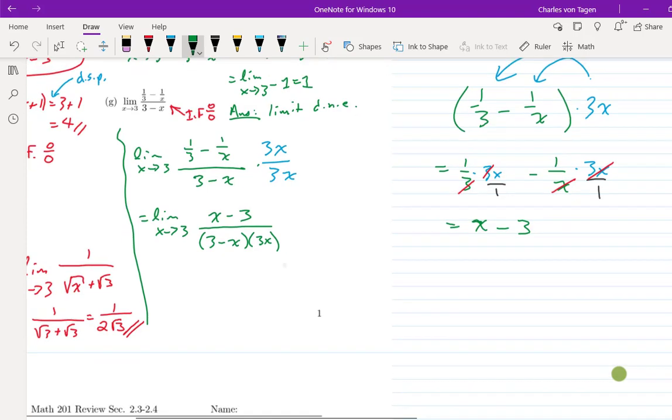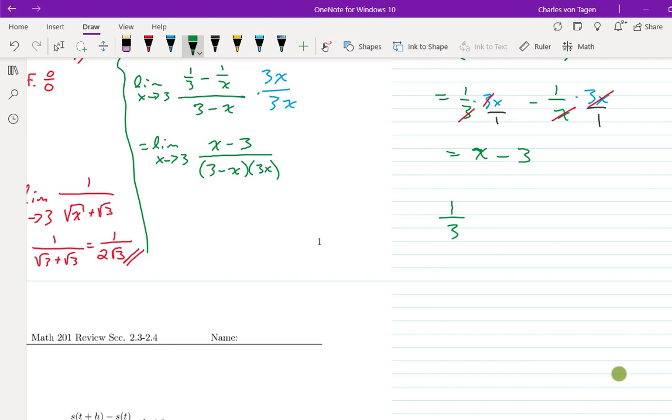Like if I took 1/3 minus 1 over x times 1 over 3x, that would make this denominator 1 over 9x, and that would make this denominator 1 over 3x squared. And we've just made it messier. What you could do is get a common denominator inside here and add the fractions, but I'm discouraging students from going that way. I'm not saying you can't. I'm discouraging it.